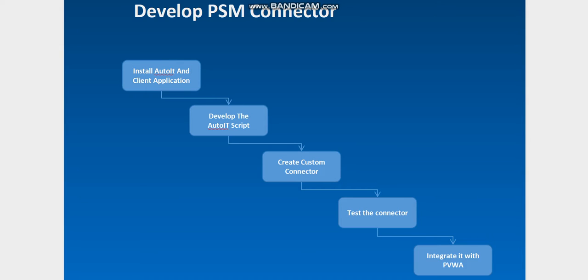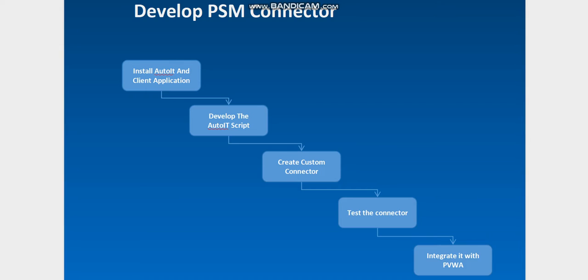Later, after compiling it to a standalone executable, you can move it to the PSM. There is no particular reason you only need to develop in PSM. You can develop elsewhere, and it is recommended to develop it on a separate server. But if cost is more of a concern, you can develop it on the PSM server as well.